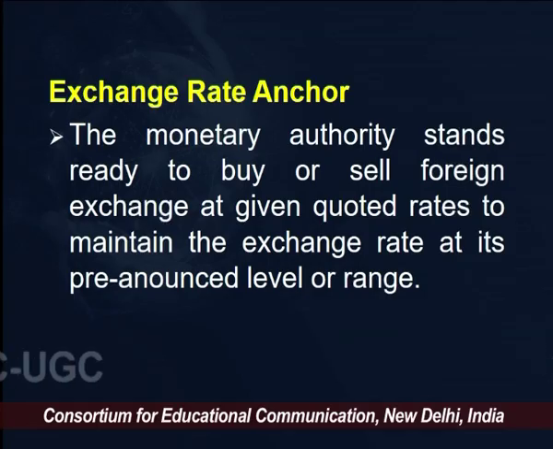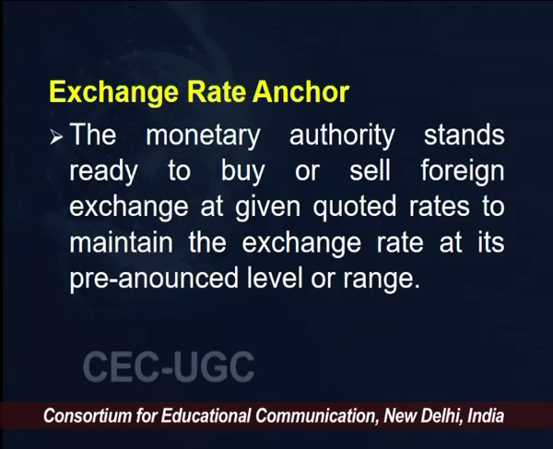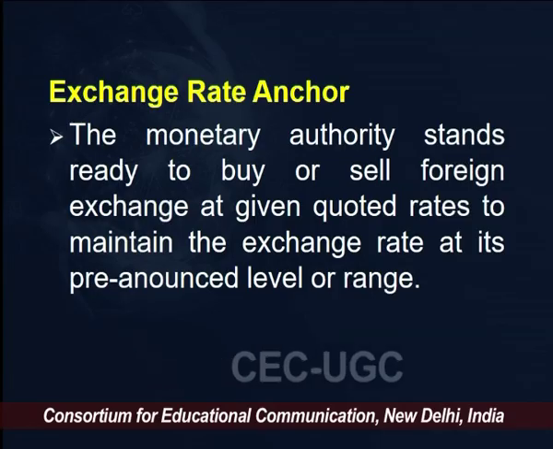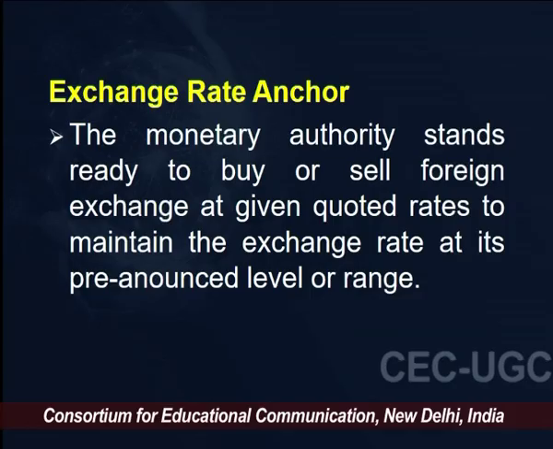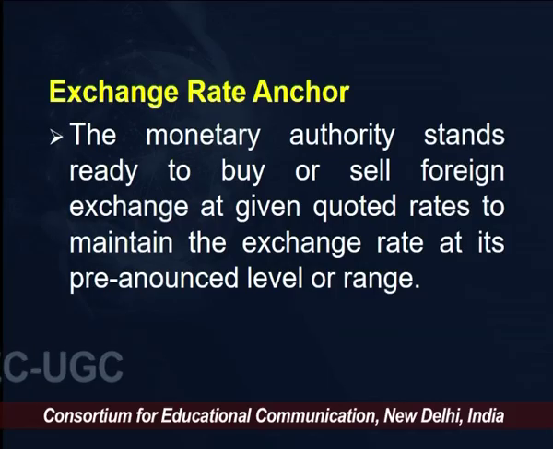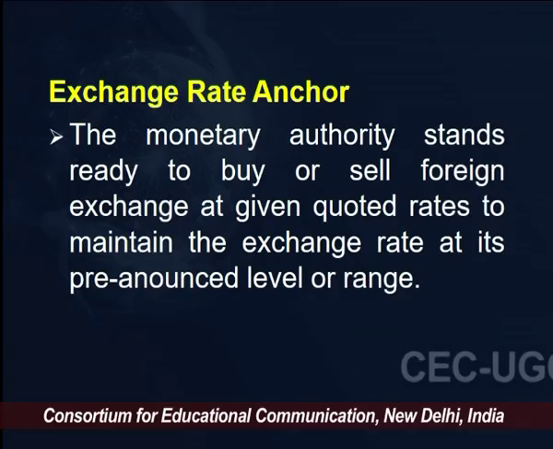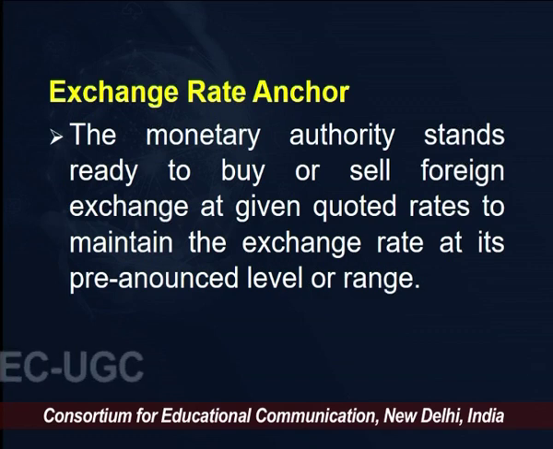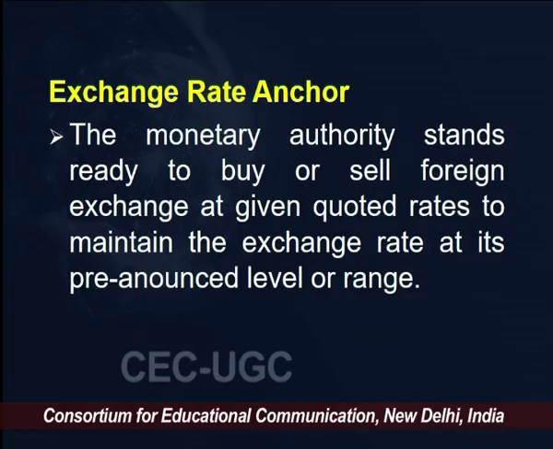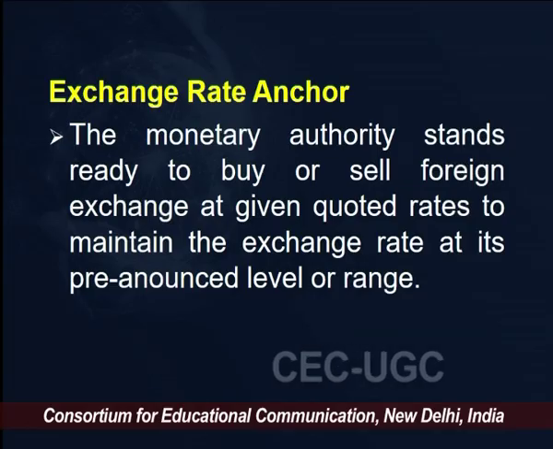Now, India is a country where we have a managed float system. So, when the exchange rate becomes unfavorable, or you find that the value of the dollar is increasing and the rupee is dwindling, then the central bank intervenes and buys more and more of one currency, so that again it will go to the predetermined level.